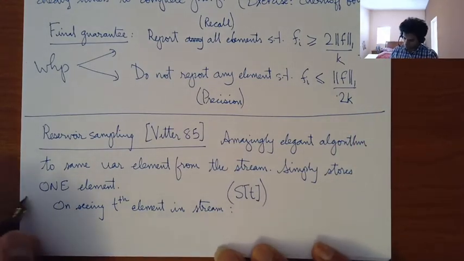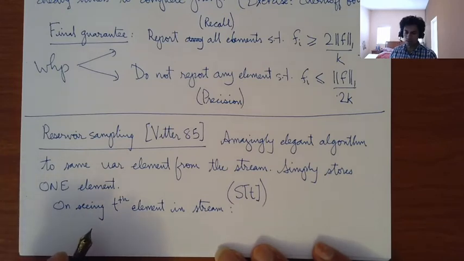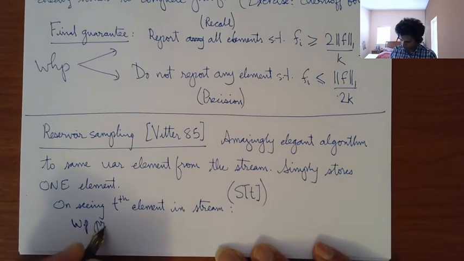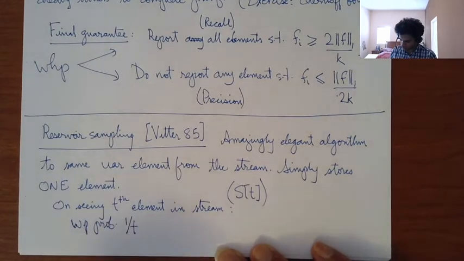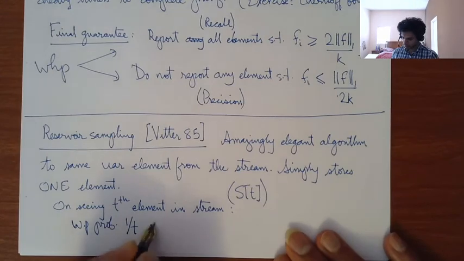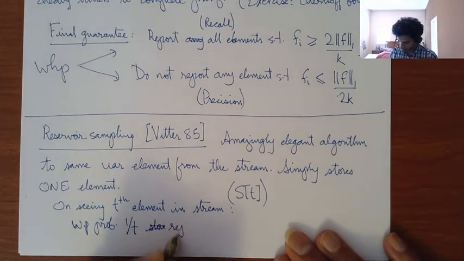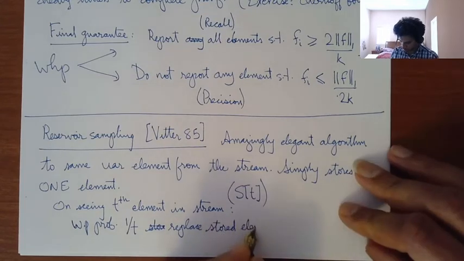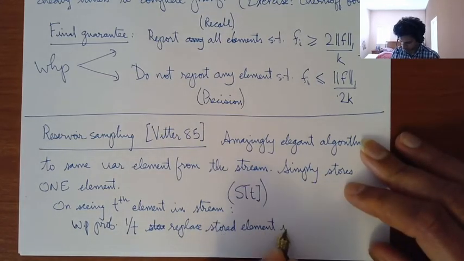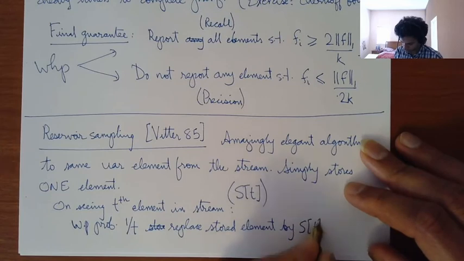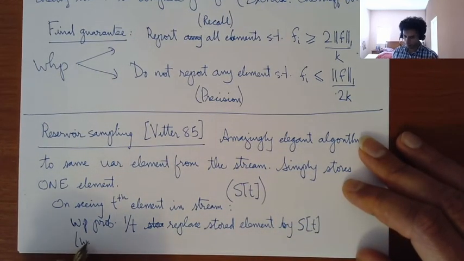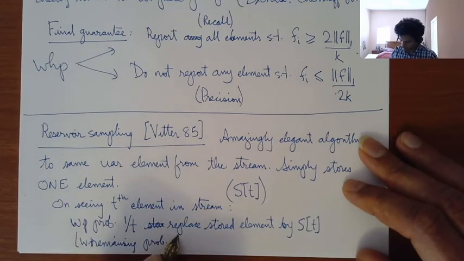So the algorithm is simply, on seeing the tth element of the stream, with probability 1 over t, replace the stored element by S of t, and with the remaining probability, do nothing.